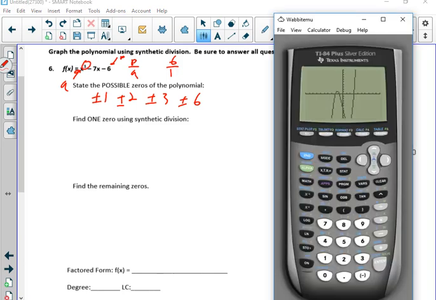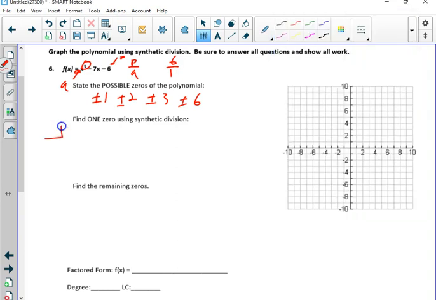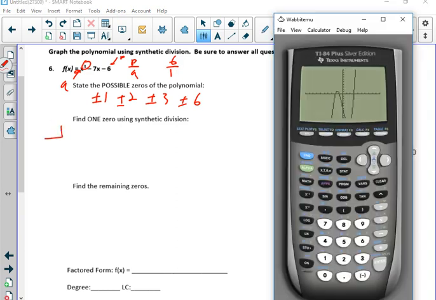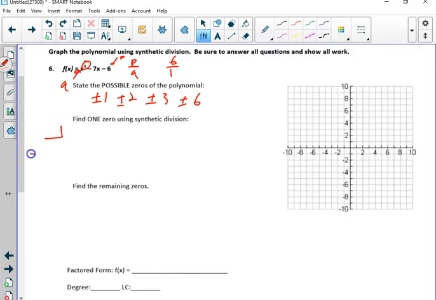But instead of guessing when we do synthetic division, know what number goes in this box, why don't we use our calculator and find out? So, table. I already know what my zeros are. Negative 2, negative 1, and 3.